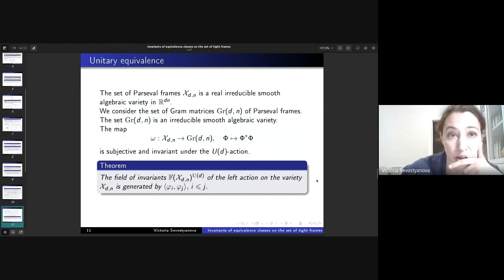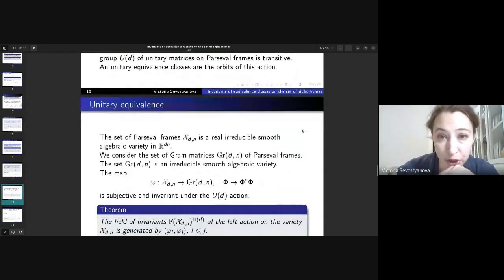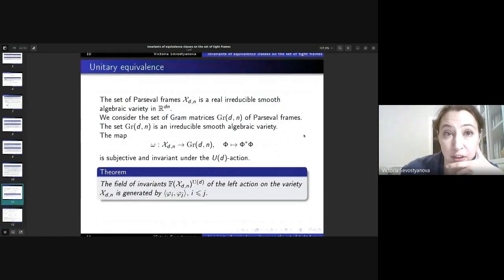Because the action of the real unitary group on the set of Parseval frames is transitive, the set of Parseval frames is a reducible smooth algebraic variety.